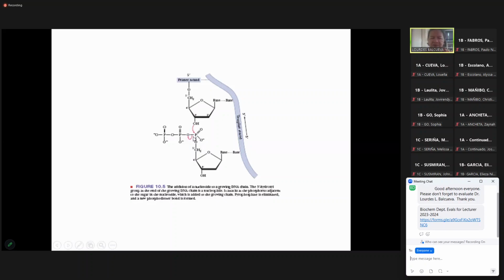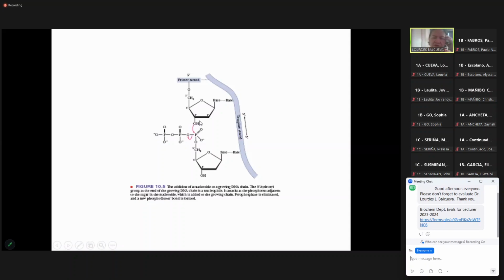The first phosphate, because there are three phosphates here, alpha, beta, and gamma. So the first phosphate will bind with the OH of the previous nucleotide, while this is cleaved. This is released. The two phosphates are released and become a pyrophosphate, okay?